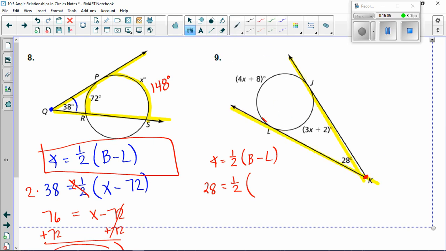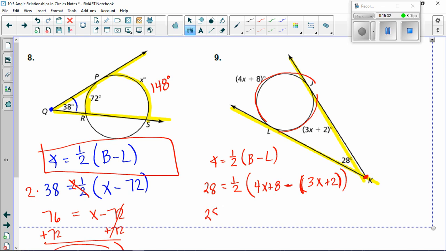So the big arc, this one here, 4x plus 8, minus the little arc, which is 3x plus 2. Since we have a minus sign, make sure you keep those parentheses so you can distribute the negative sign, because you don't want to just subtract 3x, you want to subtract both pieces.